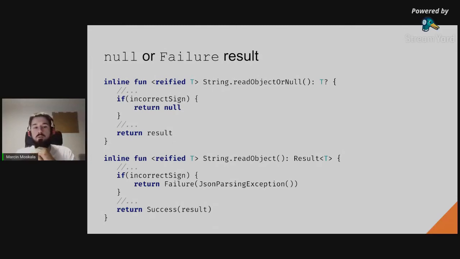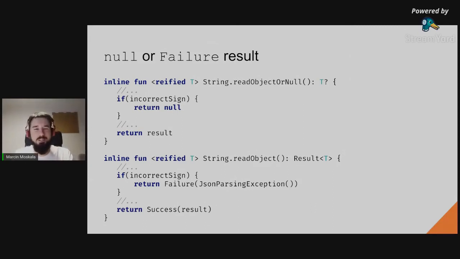But if we need to provide a more concrete problem, then a better way is to use a result. So some might say that we should use either instead of results. Either is a part of Arrow that has the same function and the same idea behind it. So instead of throwing an exception, we return something that is either an exception or a success, and the user is forced.